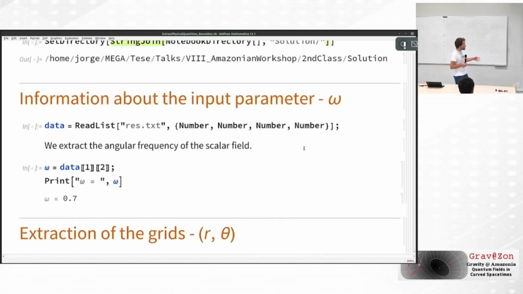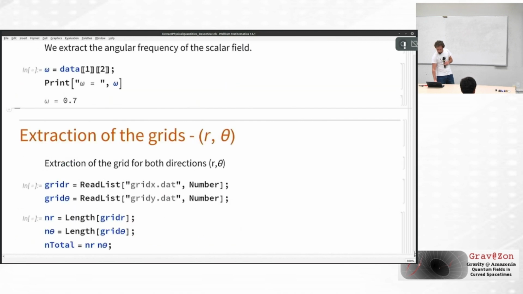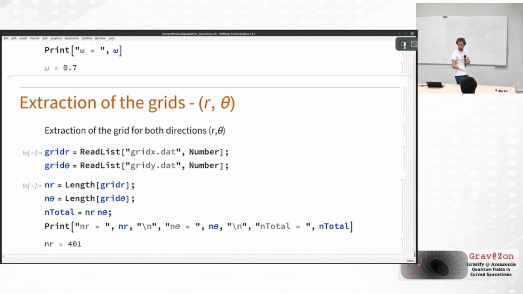In this case, since I fixed m equal to 1, the only thing that changes is the angular frequency. And this is stored in this rest.txt file that was in that directory. Here you can then grab the value of omega, so in this case it's just 0.7. Then you can extract the grids, since it will be important to do some interpolations. So you have to know what grid you used.